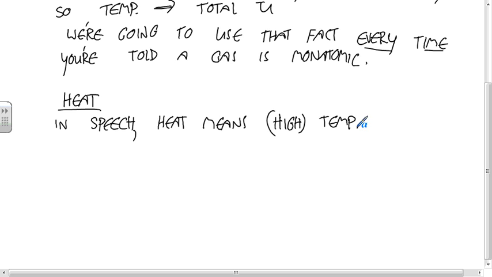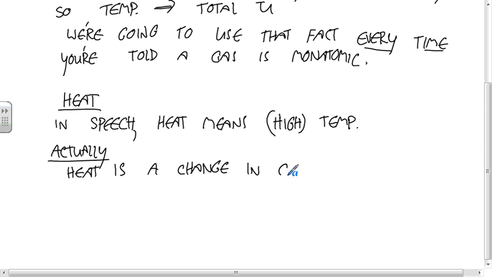And so you might think that the units of heat would be degrees Kelvin or degrees Celsius or whatever. Actually, heat is a change in energy that's created due to a temperature difference between bodies.